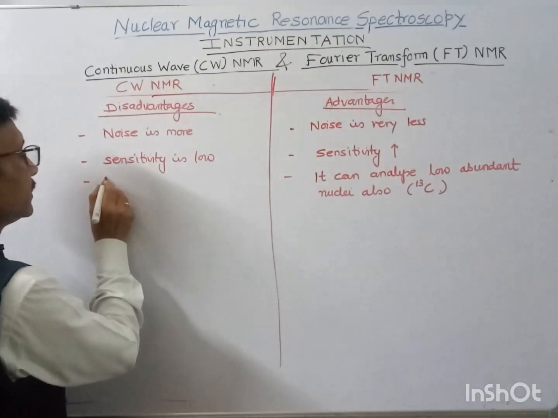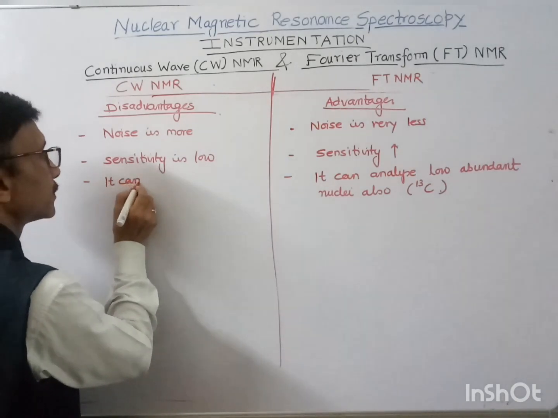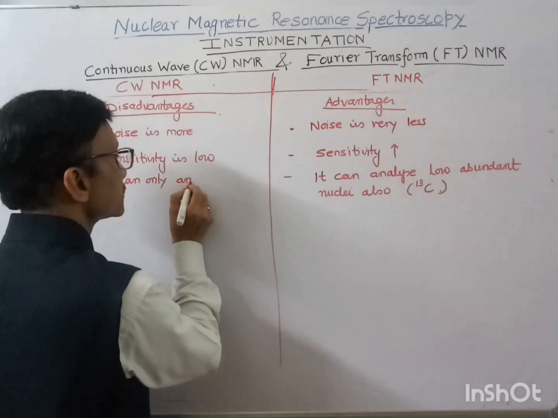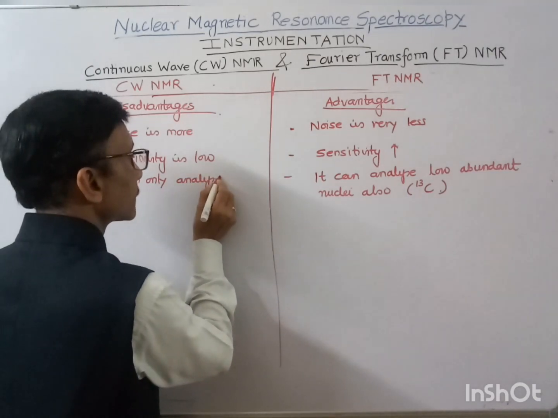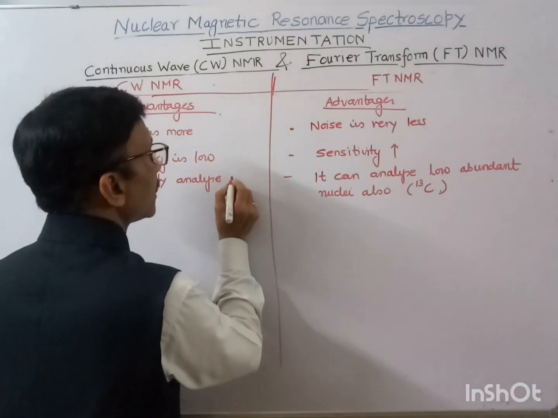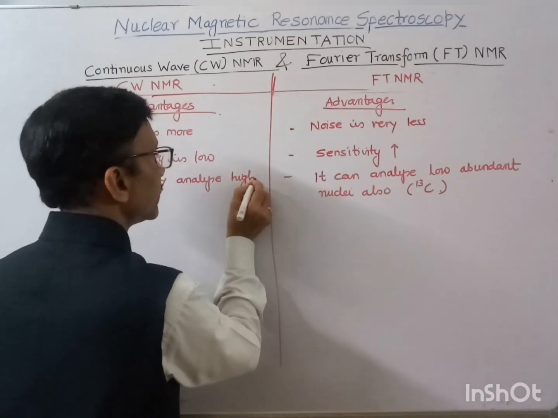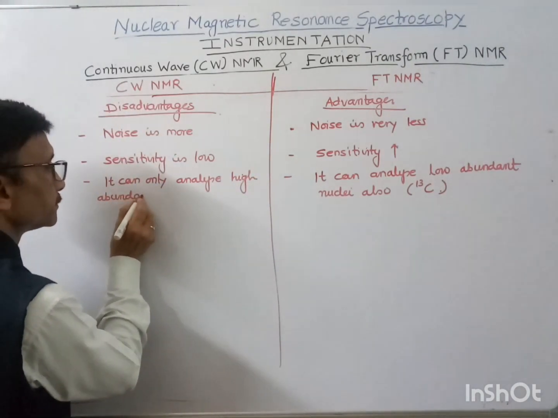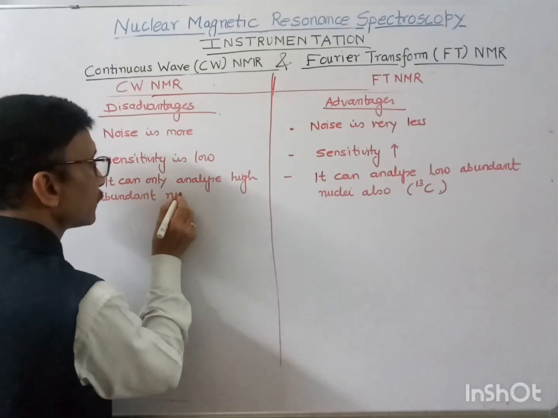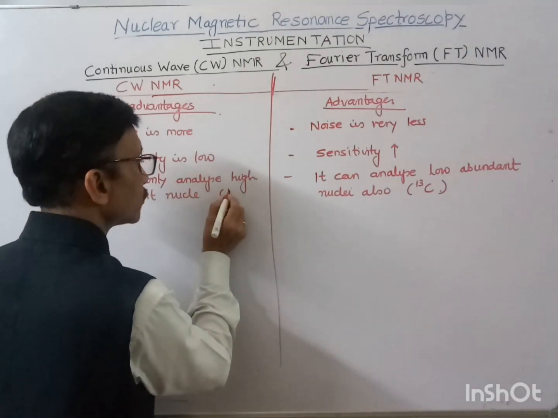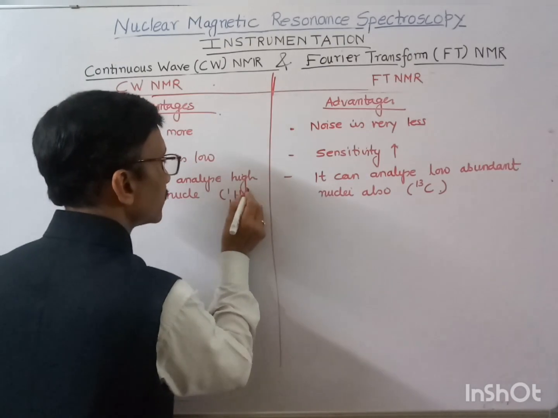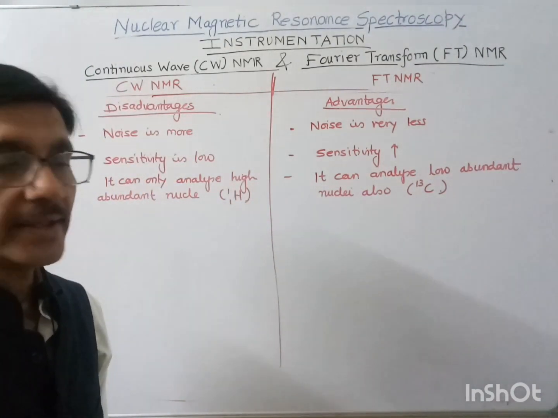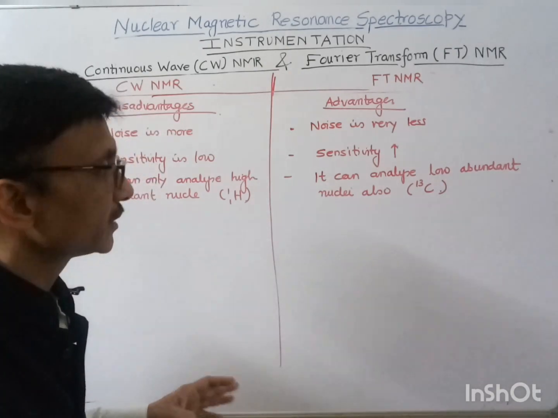The CW-NMR can only analyze high abundant nuclei. For example, we know that the natural abundance of the proton is above 98%, 99%.